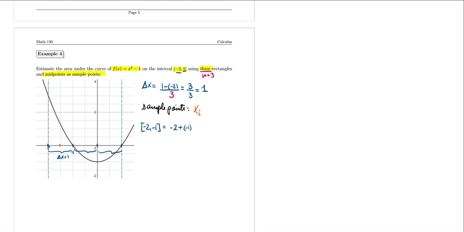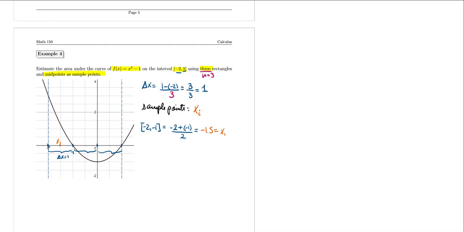We took the endpoints, added them up, and then divided by 2, which in this case is going to give us -2 minus 1, that's -3, divided by 2, which gives us -1.5. And this is what I'm going to call my first sample point, x1. So we have the x1 right here.